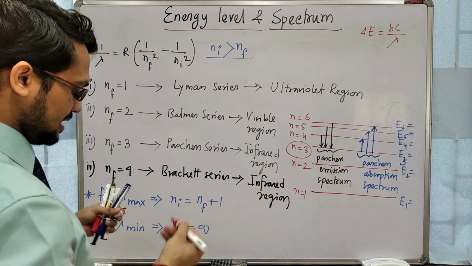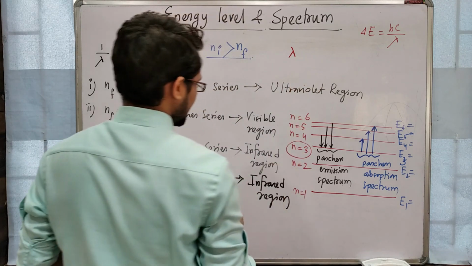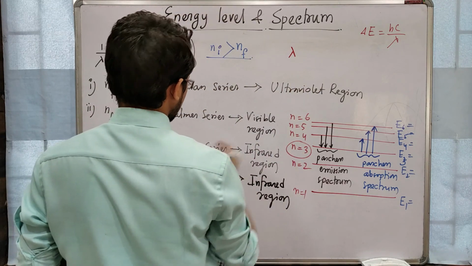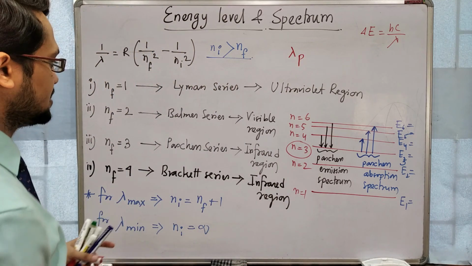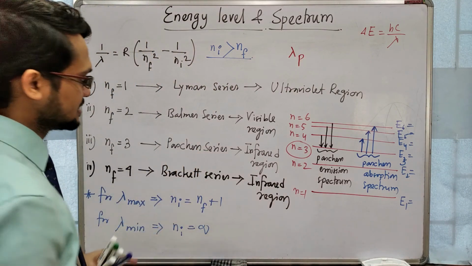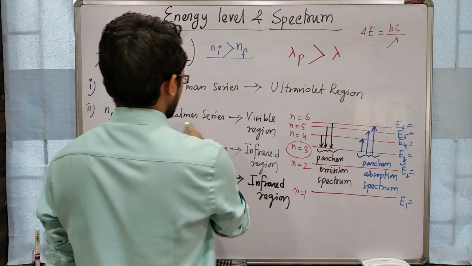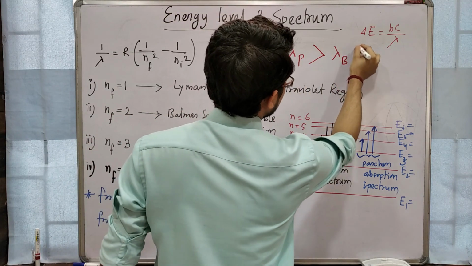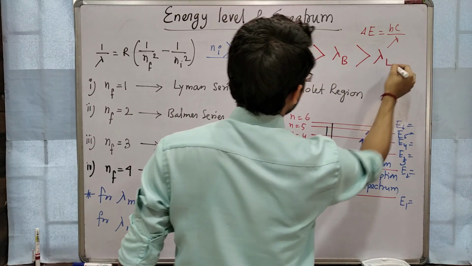Writing that as a relation: any wavelength of the Paschen series is greater than any wavelength of the Balmer series, which is greater than any wavelength of the Lyman series.